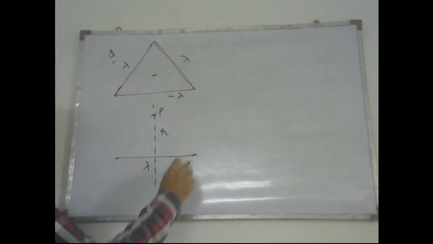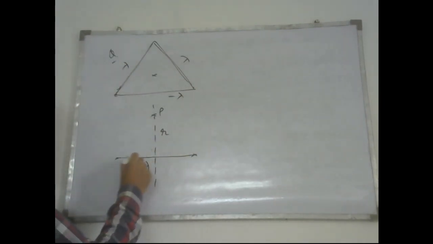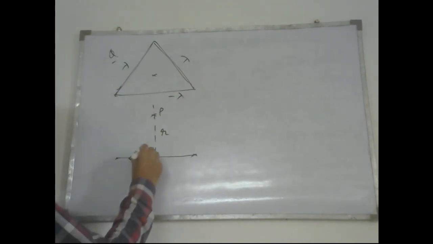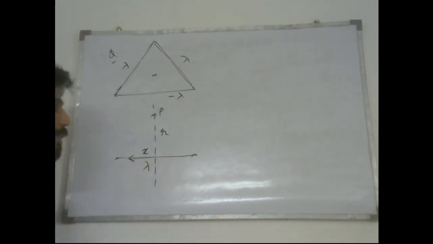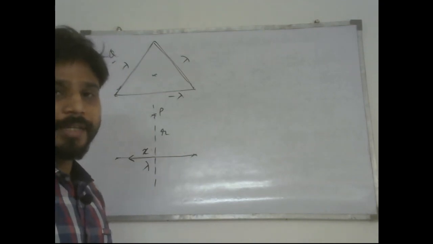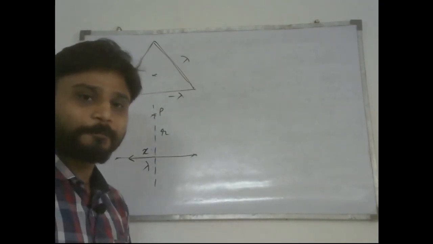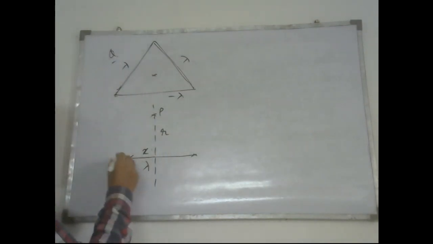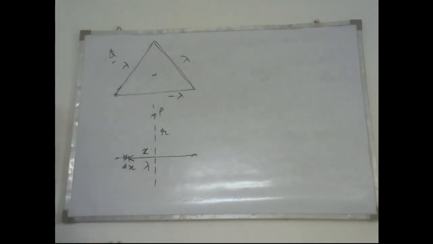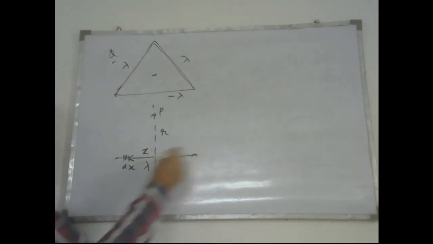So for the lambda case, we will be taking some distance x, and from that distance, we will be writing the expression of our electric field. So at some distance x, we have taken some element dx. In this dx element, what would be the charge present?